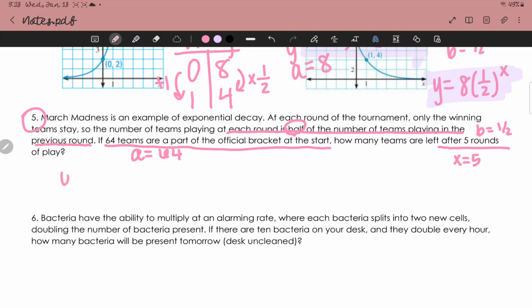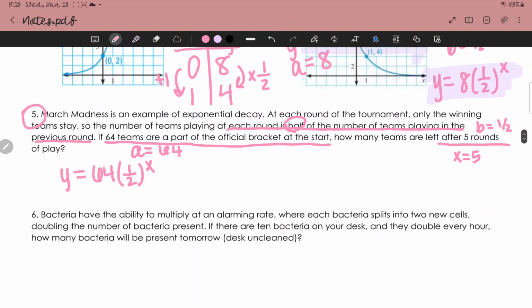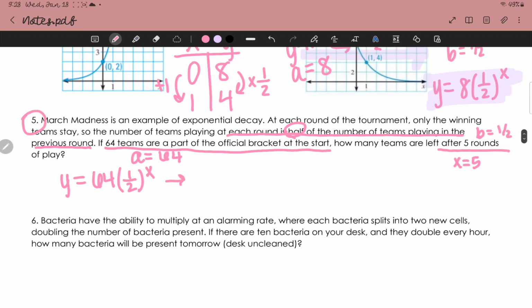So I've got the equation Y equals A times B to the X, so it should be 64 times a half to the X power. And again, our X, we were just told, is 5. So Y equals 64 times a half to the 5th power.